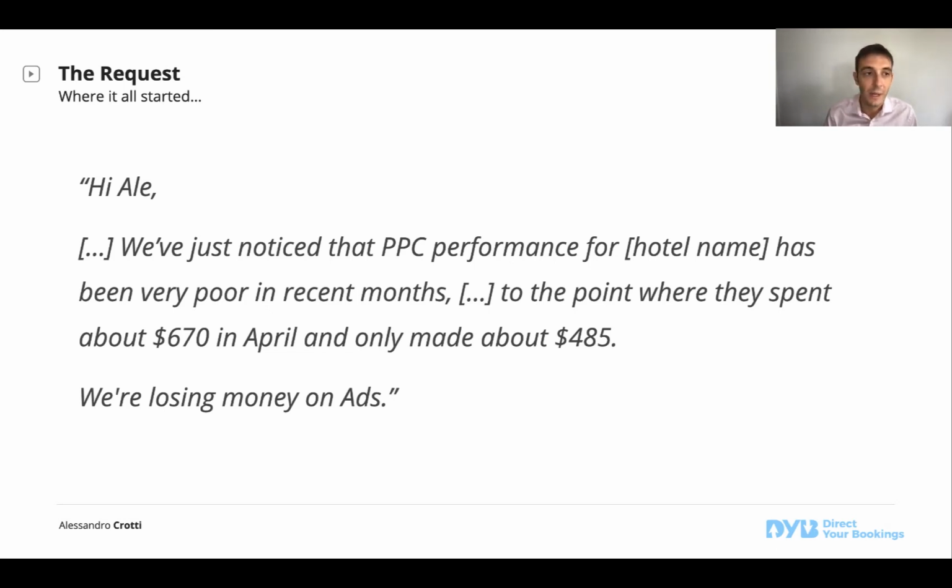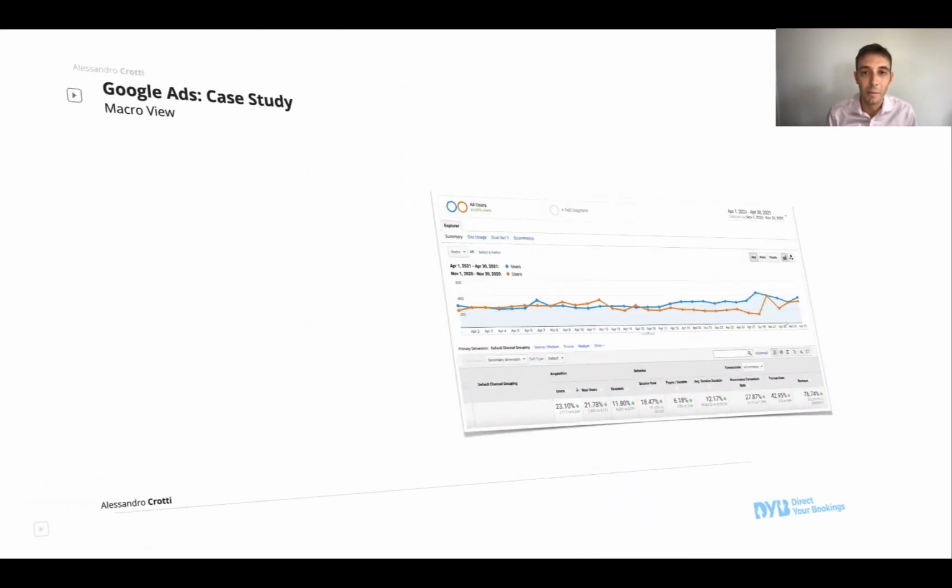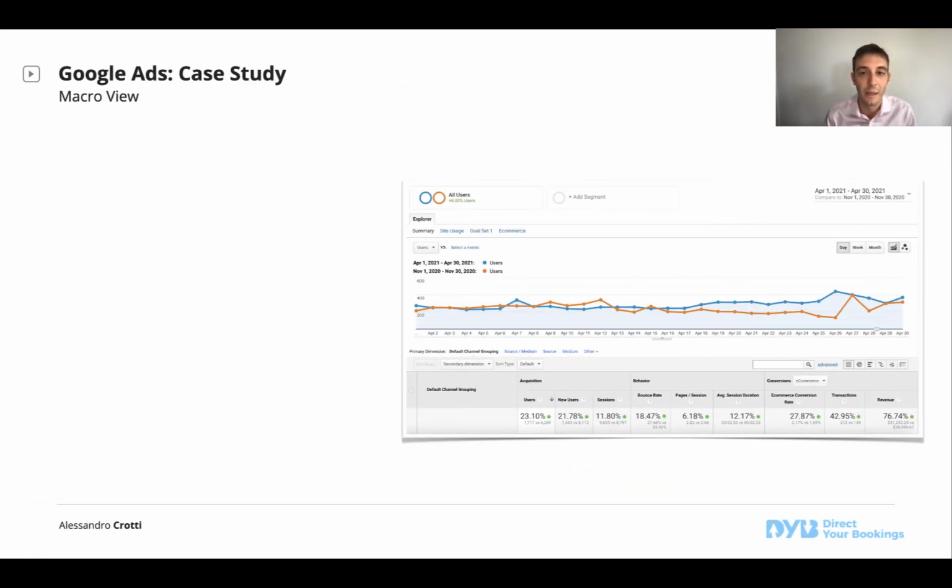All right, so now let's get started. This is the request, this is the macro problem, so let's start with a macro view. First of all, we need to see what the current situation is, what the situation was back then, and eventually compare the two periods.